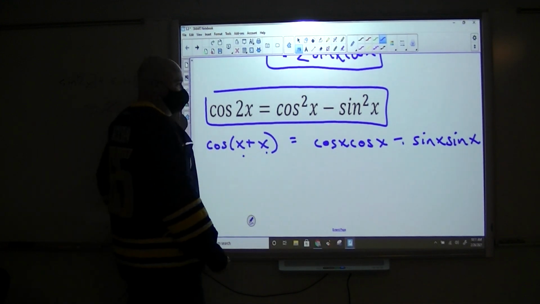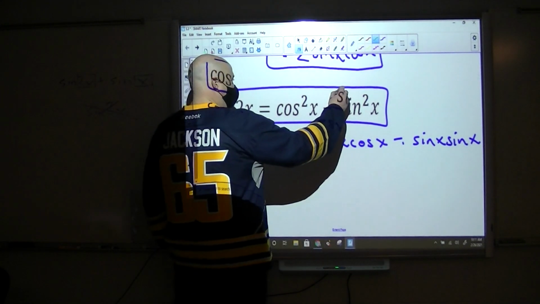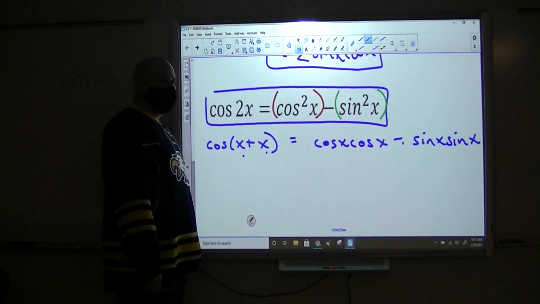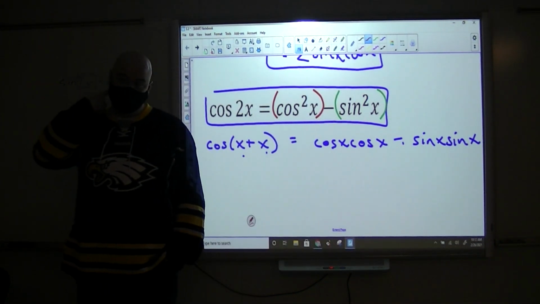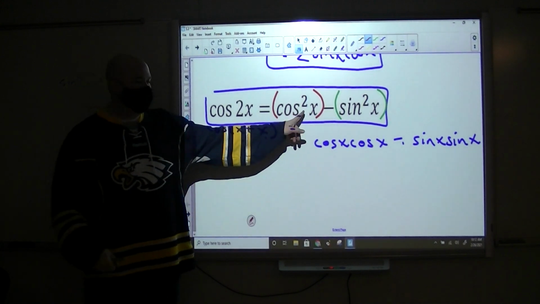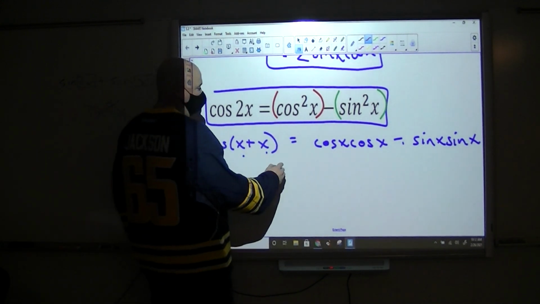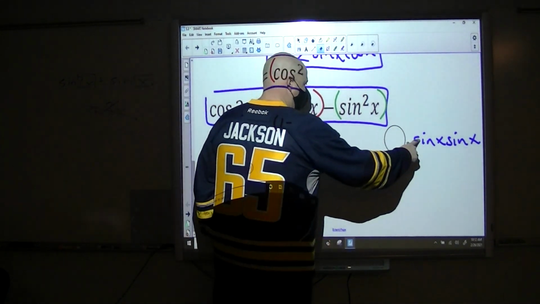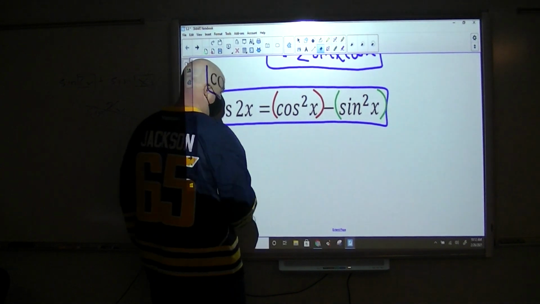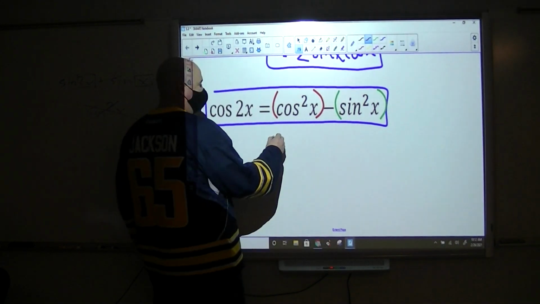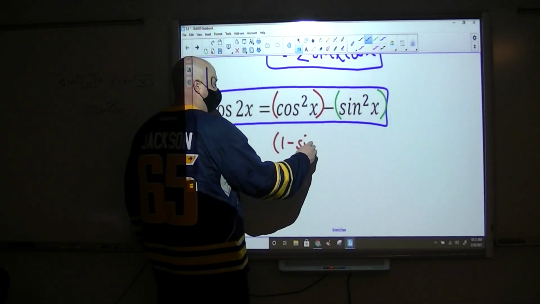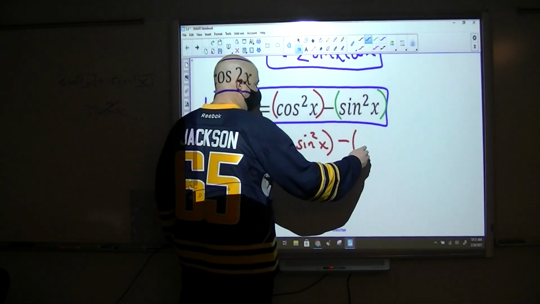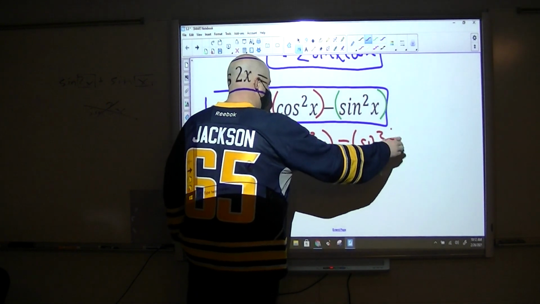Now, you know that each one of these separately could be expressed in terms of the other. What do I mean by that? Cosine squared x is also, and I'm going to erase this so we don't think that this all flows together, cosine squared x is also 1 minus sine squared x.